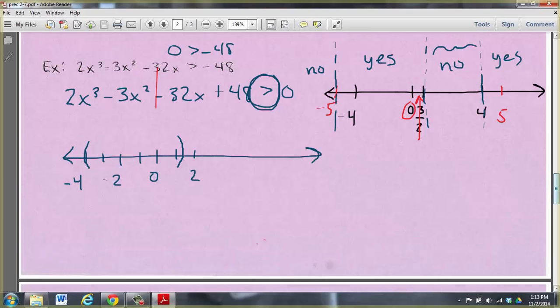Numerically, I write it with the interval -4 to 3/2, curved bracket. And I have another region over here that works, which is 4 to, there's no limit, 4 to infinity.